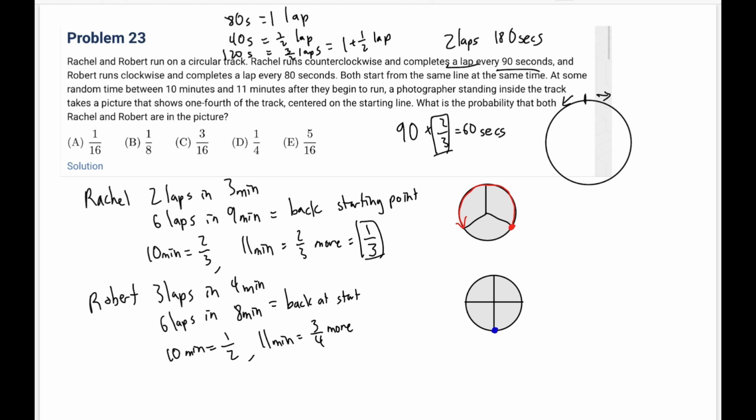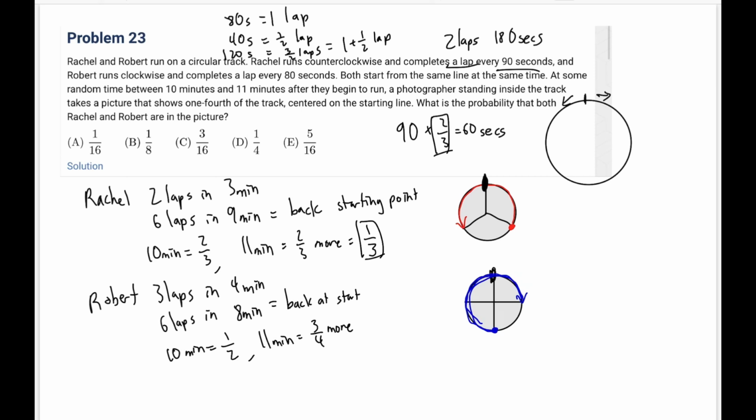Okay, so we're assuming that they're starting at this point, right? So he's running clockwise, right? So he's running 3/4 more. So he's running like this. This is how Robert is running.